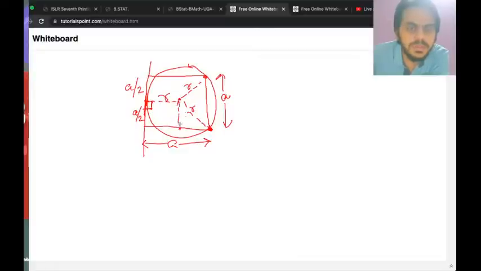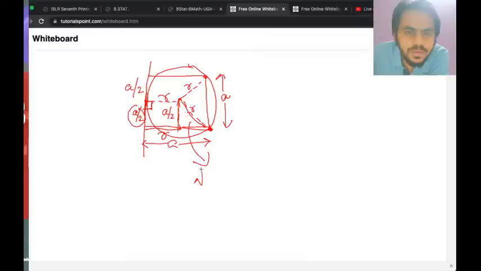But yes, what we can say is this is a by 2. This is parallel. So this is a by 2. Okay. Now this guy over here has to be r. Now this is a by 2 and this is r. So you can find this thing out.